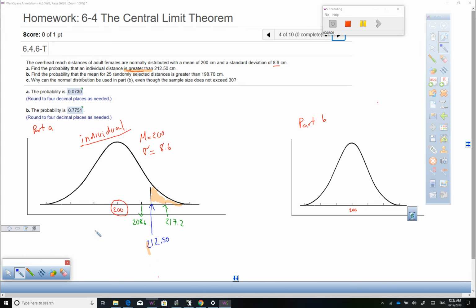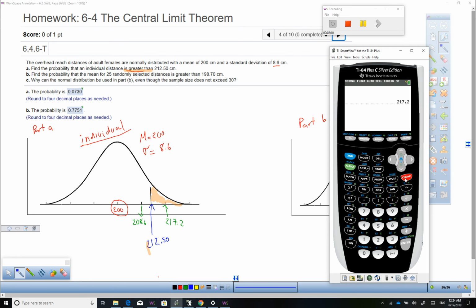So if you want to type that on the calculator, what you have to do here is press second vars, number 2, that will be normal CDF. The lower limit will be 212.50.